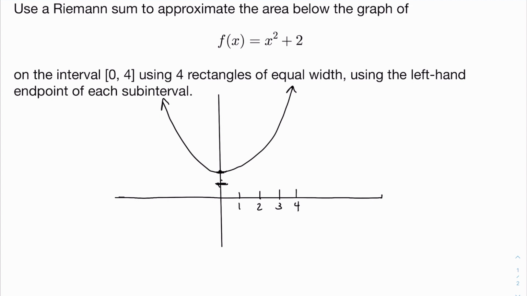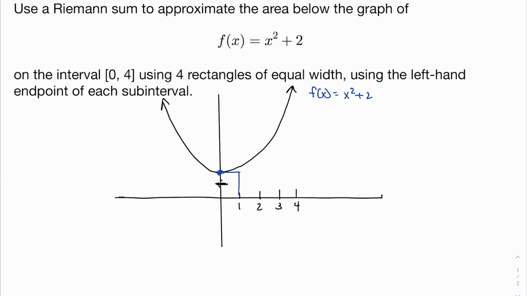So here we have a hand-drawn graph of y equals x squared plus 2, or f of x equals x squared plus 2. And each subinterval is going to have width 1 unit. So for the first subinterval, which is from 0 to 1, this point right here is going to represent the height of our rectangle.